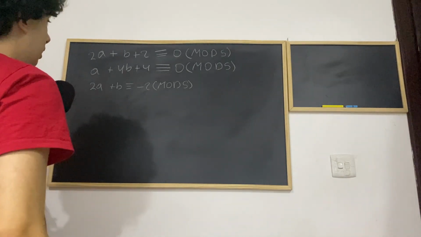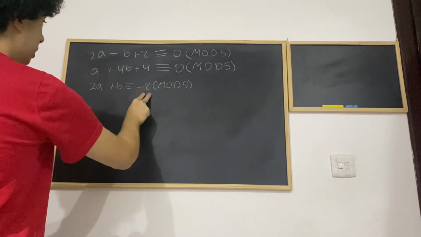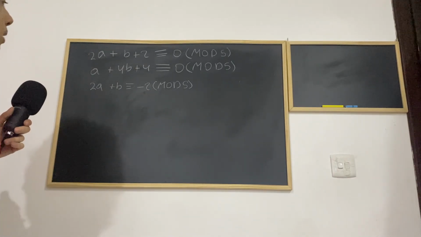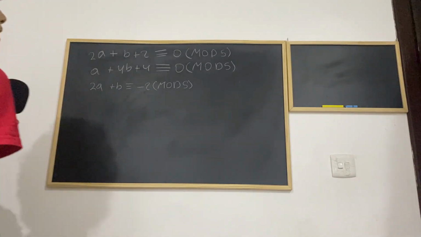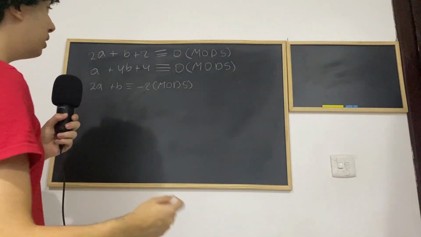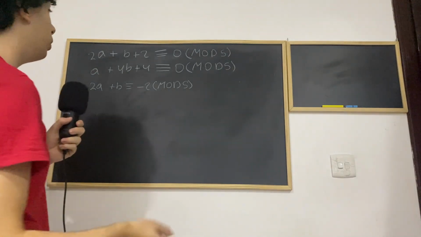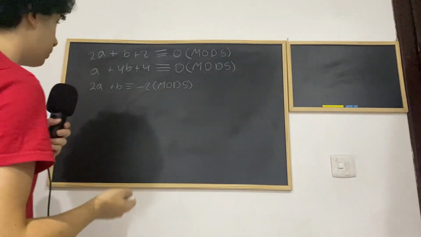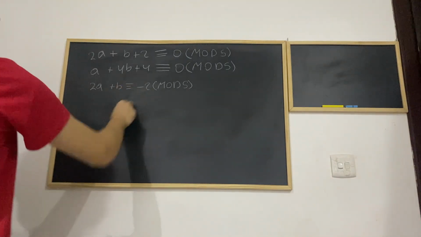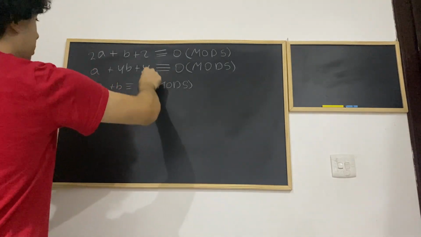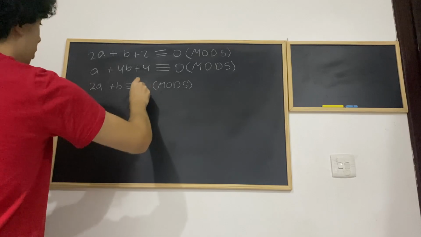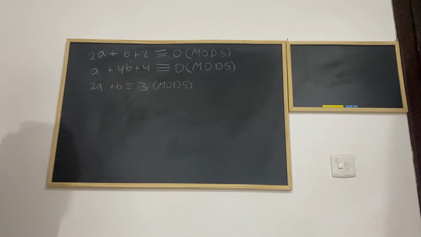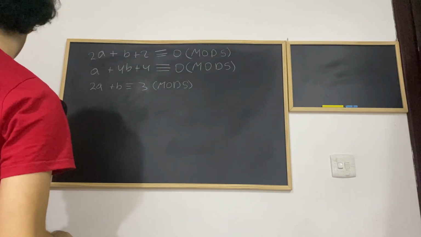So what we can do is add 5 to this number until it becomes positive. The reason we can add 5 is because 5 mod 5 is 0, because 5 divided by 5 leaves a remainder of 0, correct? So let's add 5 to negative 2, which gives us 3. So 2a plus b is congruent to 3 mod 5.